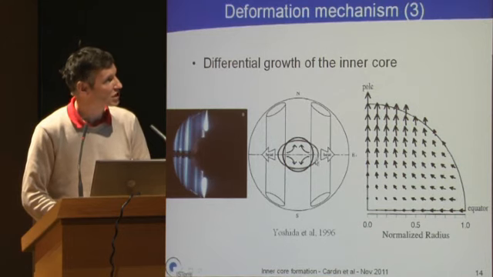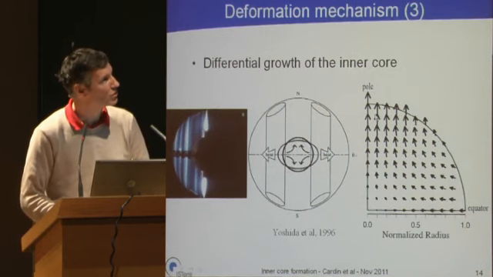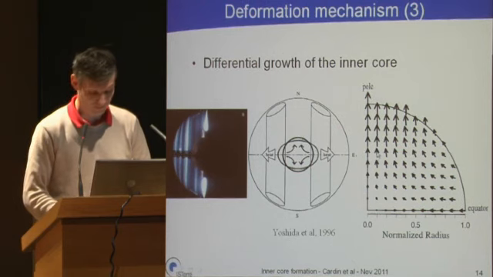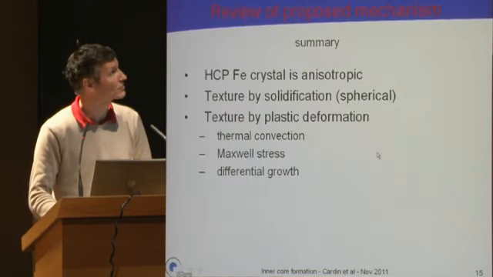So then the crystallization is larger in the equatorial belt, and the excess of mass should be released by a viscous deformation, where the mass at the equator is moving to the poles inside the inner core.